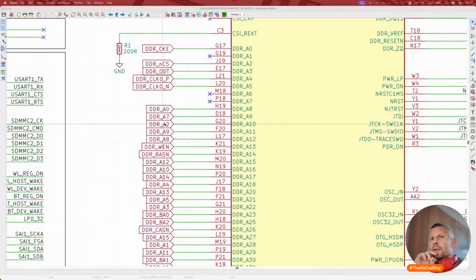Back to the DDR memory. There is a tool as part of the Cube MX application, and you can relocate the signals. I made notes from that. Let me find it.